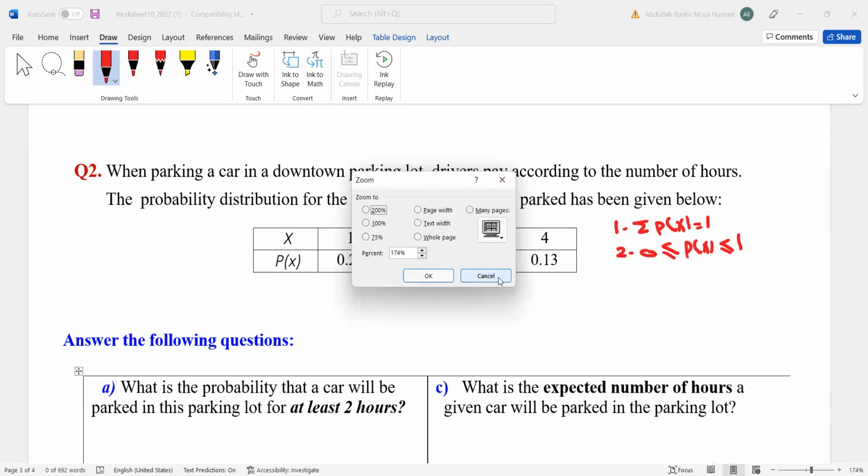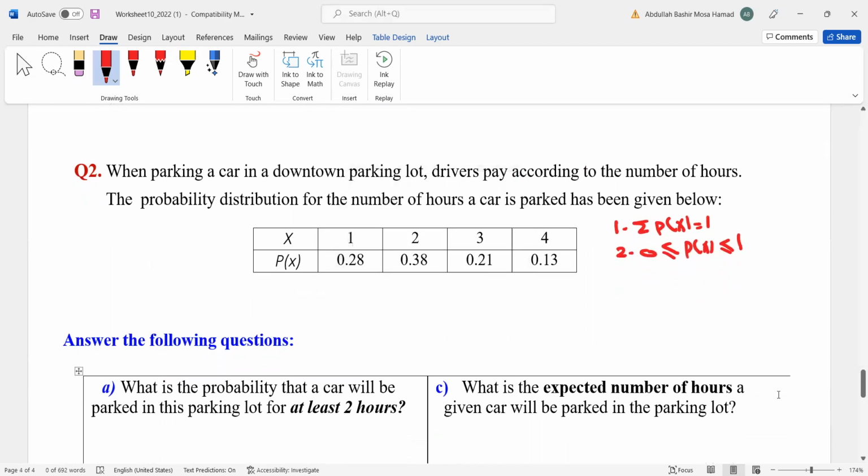Let's see the questions. First question is, what is the probability that a car will be parked in this parking lot for at least 2 hours. At least 2 hours means P of X greater than or equal to 2, which is P of 2 plus P of 3 plus P of 4. Or this equals 1 minus P of 1.